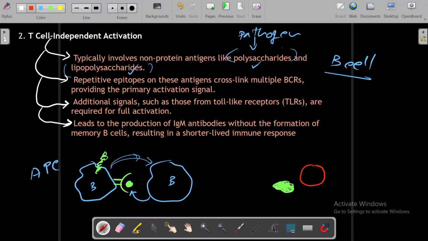Suppose this is a B cell, and this is another B cell. This B cell contains its B cell receptor, and this B cell contains its B cell receptor. So here both B cell receptors bind with the same antigen, and this is mainly called cross link. And for this cross link, the B cell also can get activated. And this is the whole thing of humoral immunity.